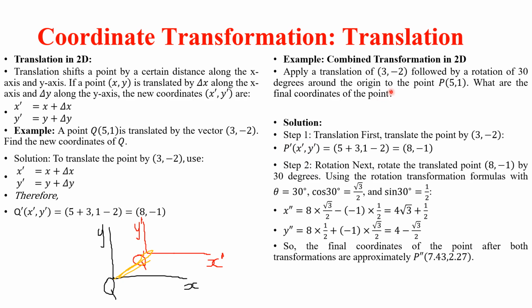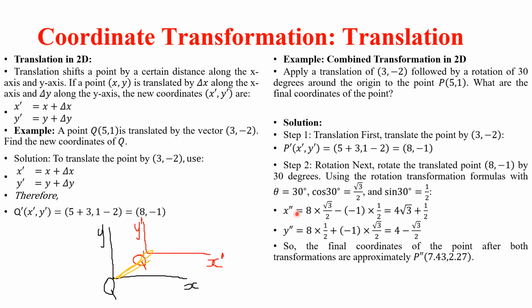Because we are talking about a combined transformation here, after the next transformation, which is rotation, we will have to represent our coordinates as prime, because this is the second transformation happening on that point.